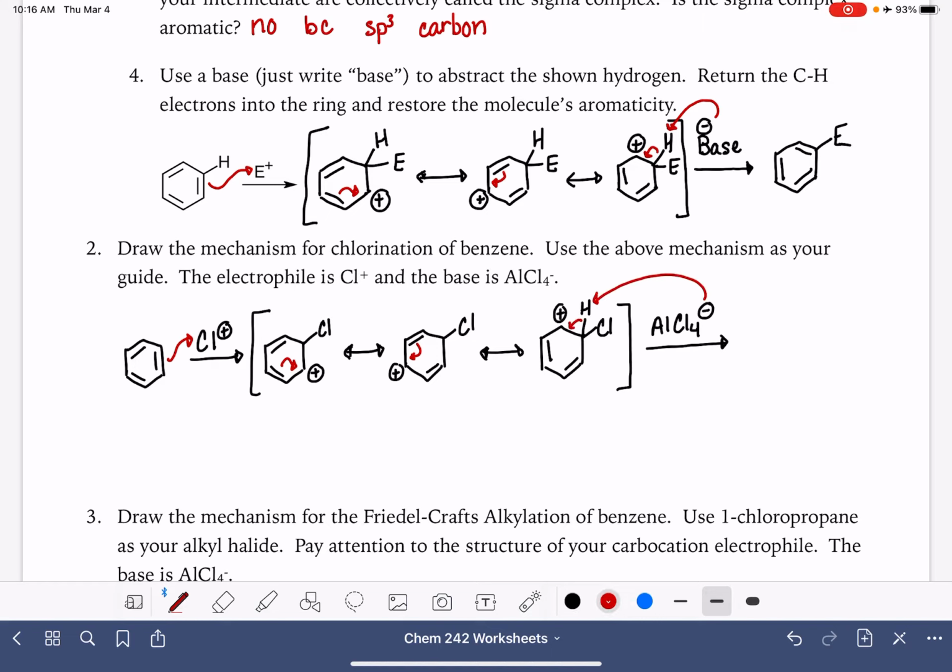Carbon-hydrogen electrons are going to come in to create the third double bond in the benzene ring. We can go ahead and just abbreviate the benzene ring at this point. And it's not standard to write the formation of the product that's formed when the base abstracts the hydrogen. So normally we're just going to leave that out.